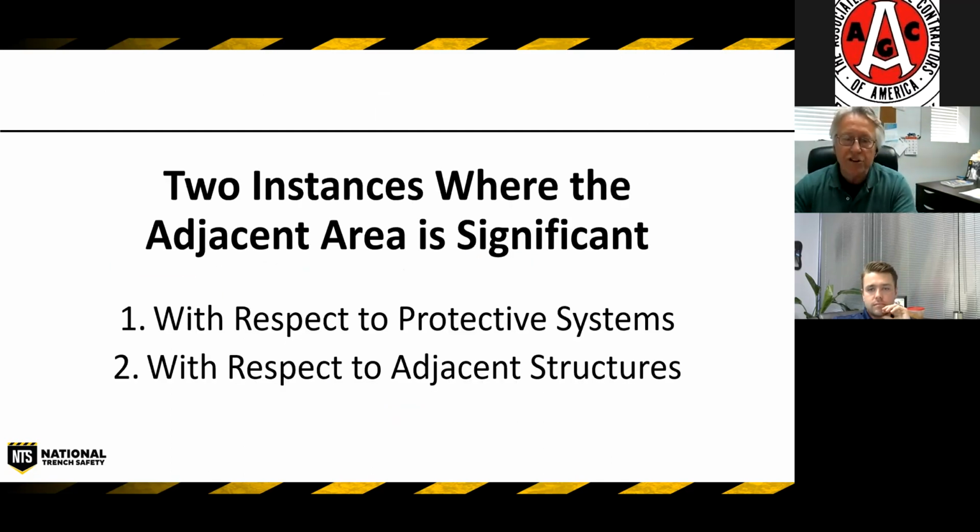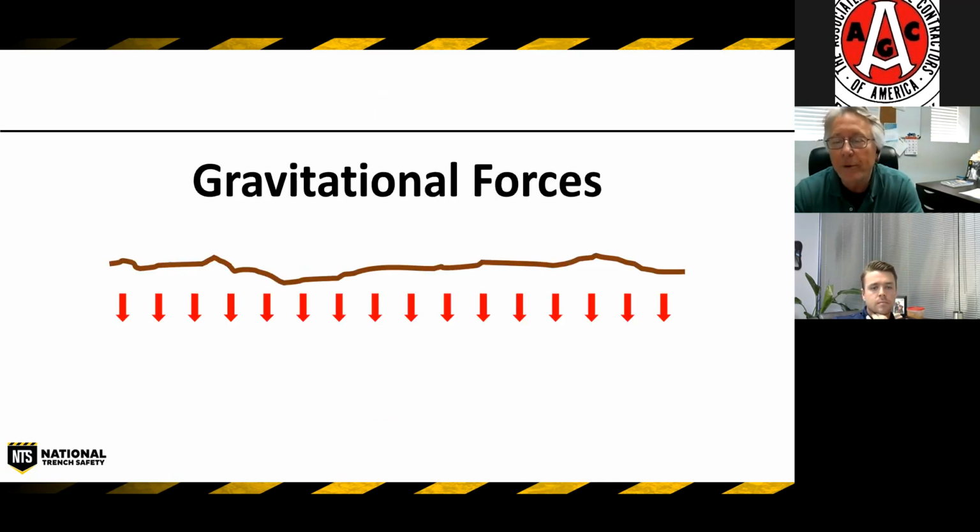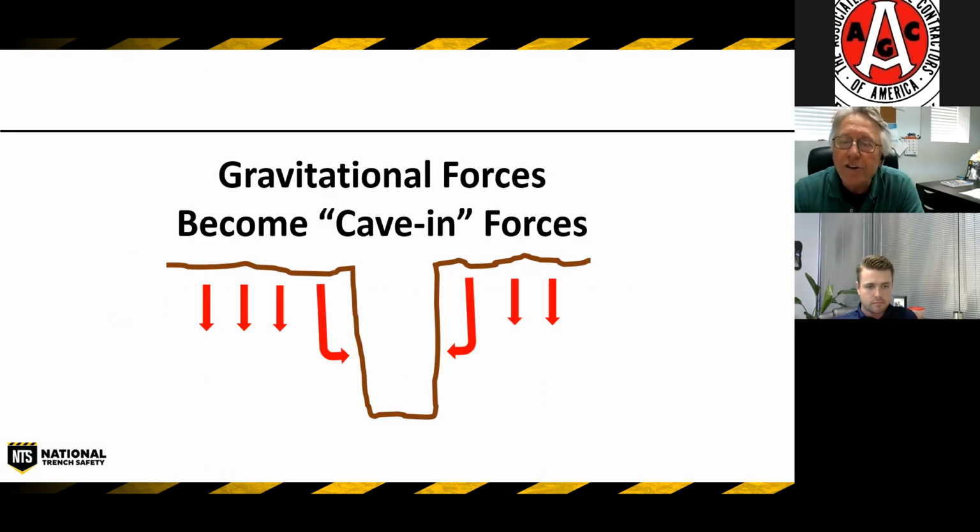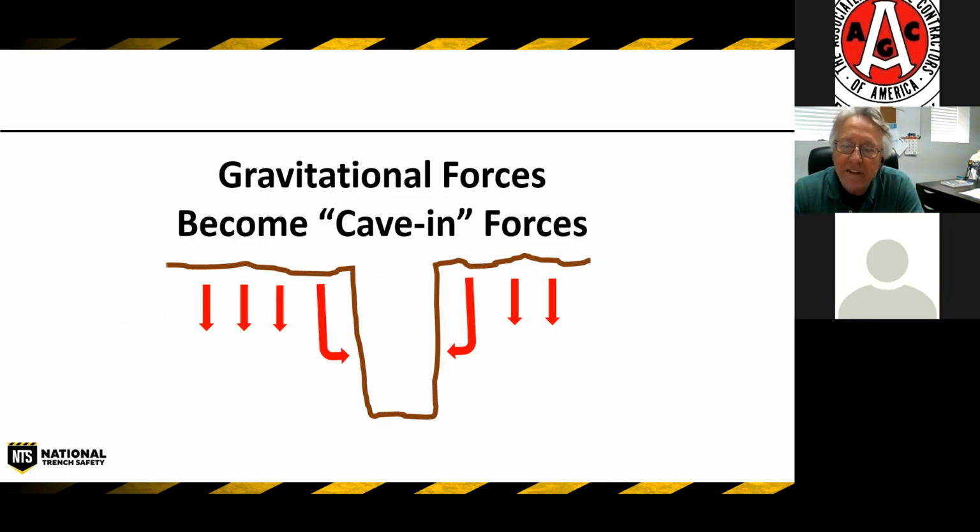There's two situations where we say that the adjacent area is significant. One has to do with protective systems, and the other has to do with structures. It all begins with gravitational forces, because the gravity pushing down on the soil is going to translate to cave-in forces when we dig an excavation. That's why it's important to understand that all vertical soil walls will eventually collapse.